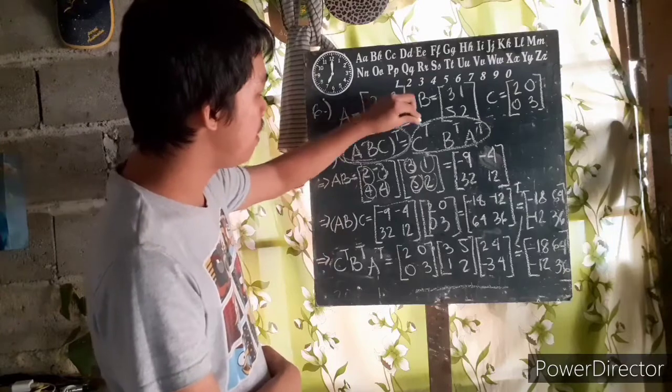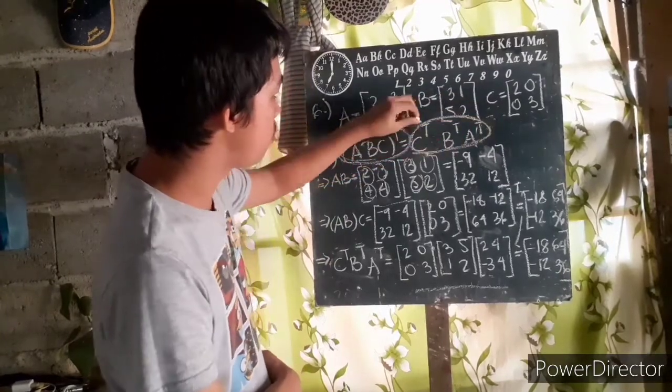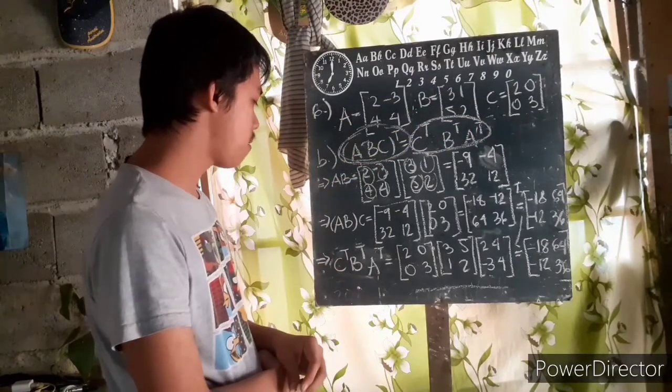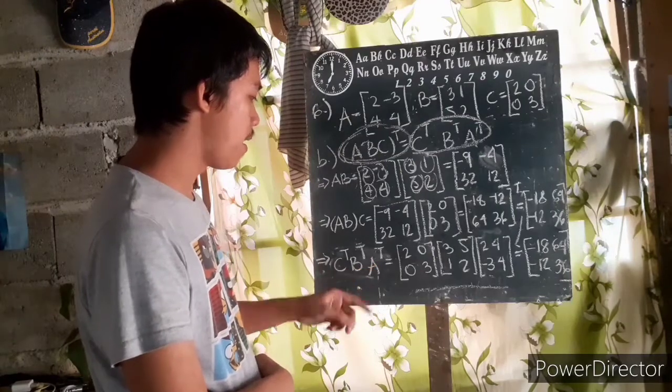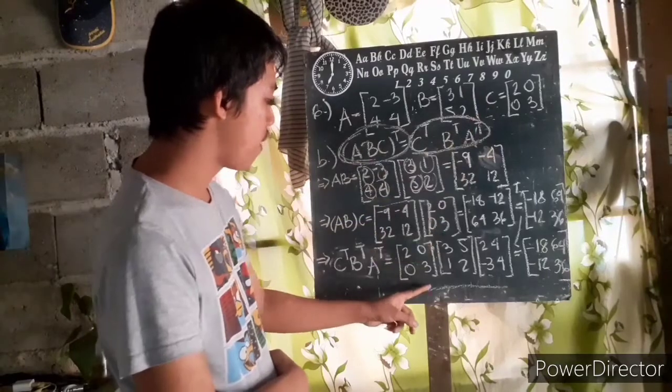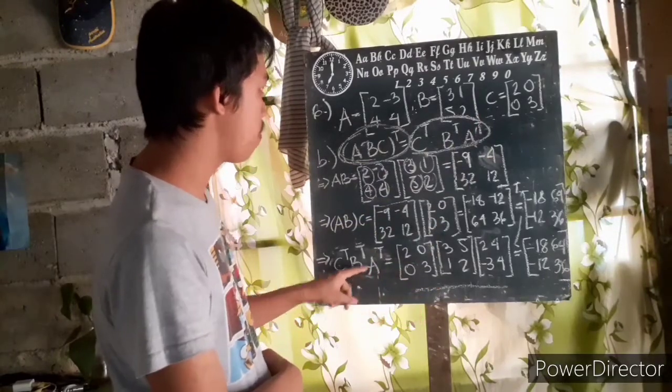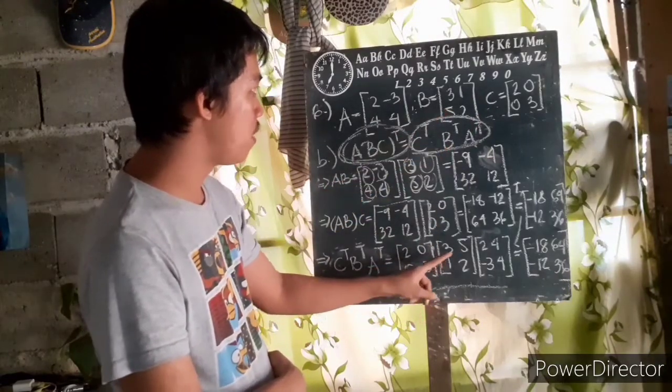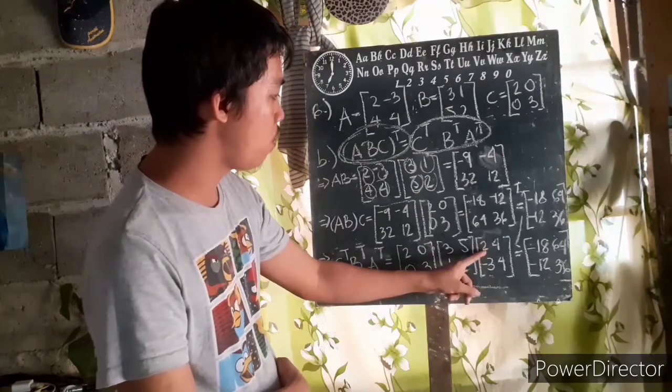Now let's find the next expression, which is the transpose of C, transpose of B, and transpose of A. We transpose C first, and we come up with this. Then the transpose of B is 3, 5, 1, 2, and the transpose of A is 2, 4, negative 3, 4.